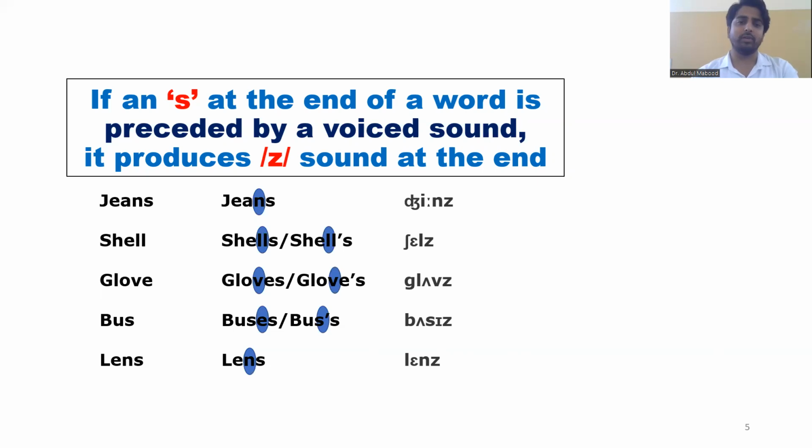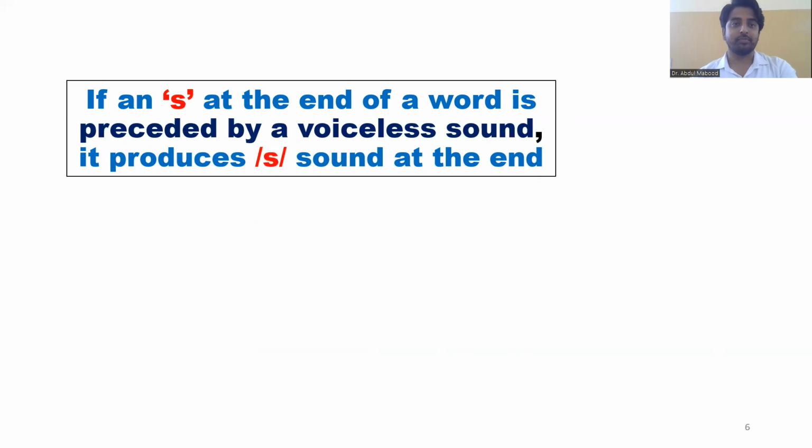So any word you get in which s is after a voiced sound, then that s would become z. See next, if an s at the end of a word is preceded by a voiceless sound, that means if s comes after a voiceless sound, then it produces s sound.